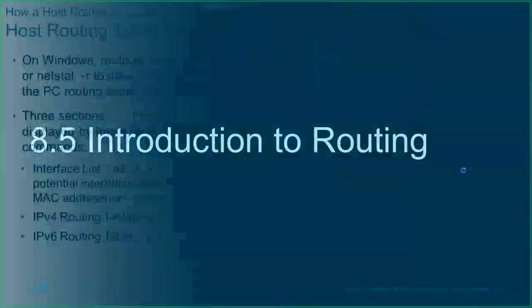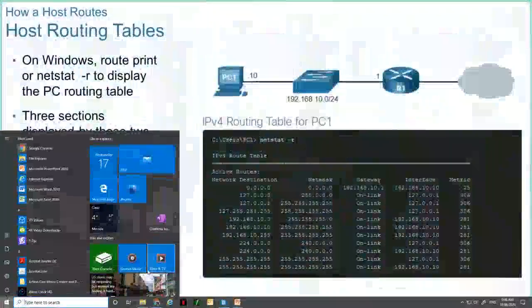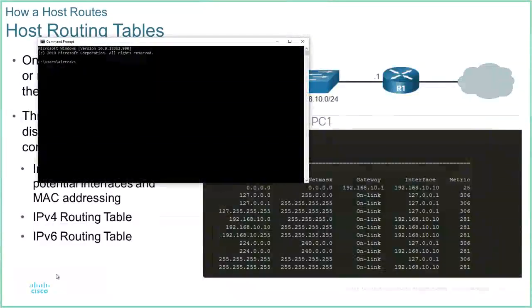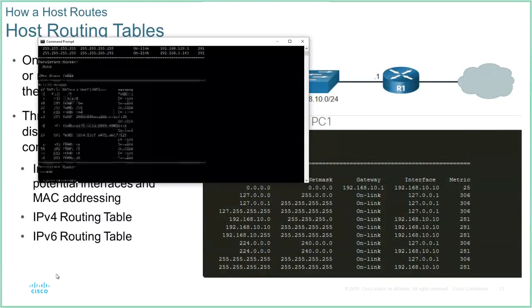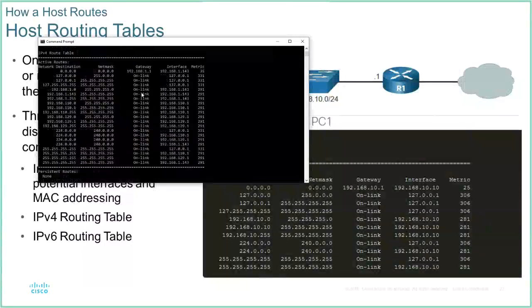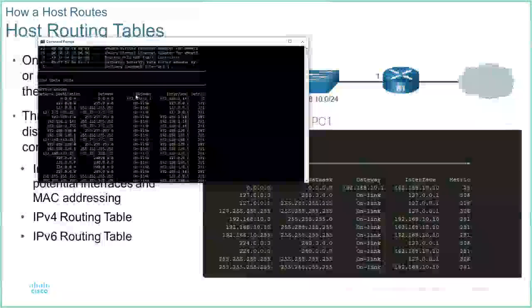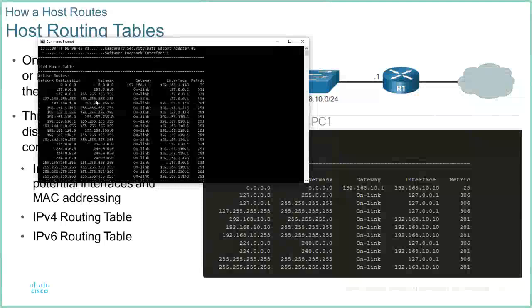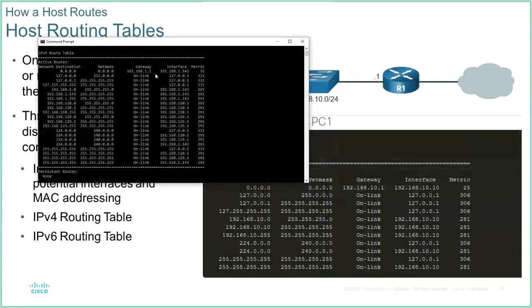So if we pull up my command window and do netstat -r, okay, so there's all the interface lists there, all the various MAC addresses, and you'll notice here that I have a default gateway to my router.